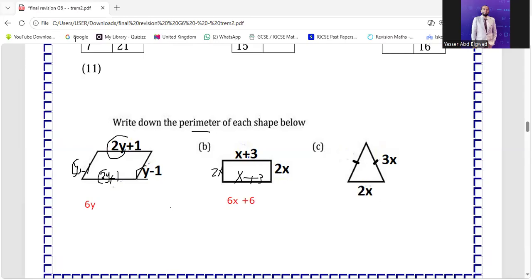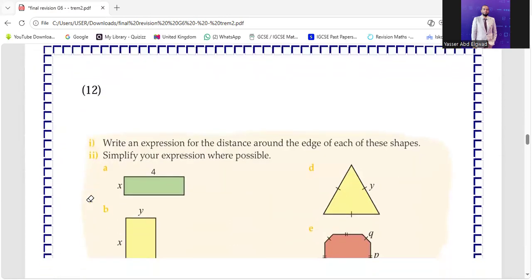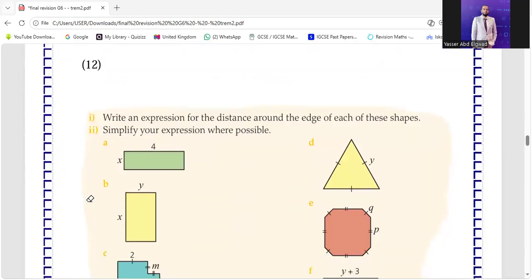The next one, here is the same, 3x. If you add 3x plus 3x plus 2x, 3 plus 3 is 6, plus 2 is 8x. The next one. Here is the same. You want the distance around the edge of each shape.